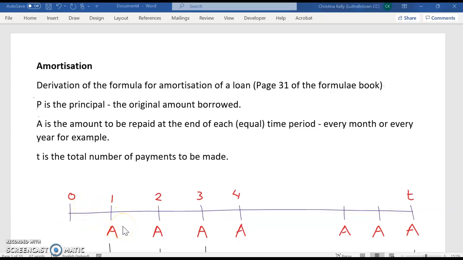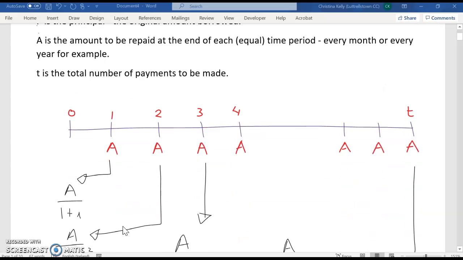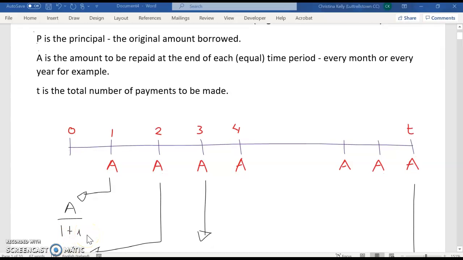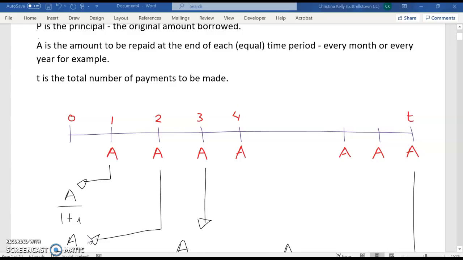So to figure out how much needs to be paid each month, we need to find the present value of each of these amounts. And what we need to do is equate that present value to the principal amount that we started with. So present value is dependent on some interest rate I. If we take the first value back to present day, it will be A divided by 1 plus I. It's discounted back 1 month.